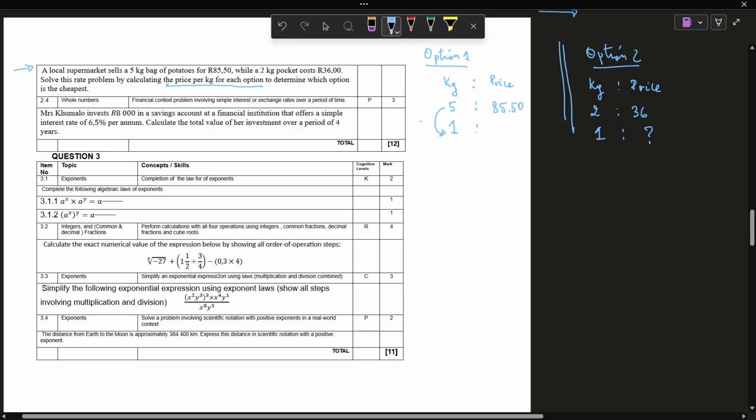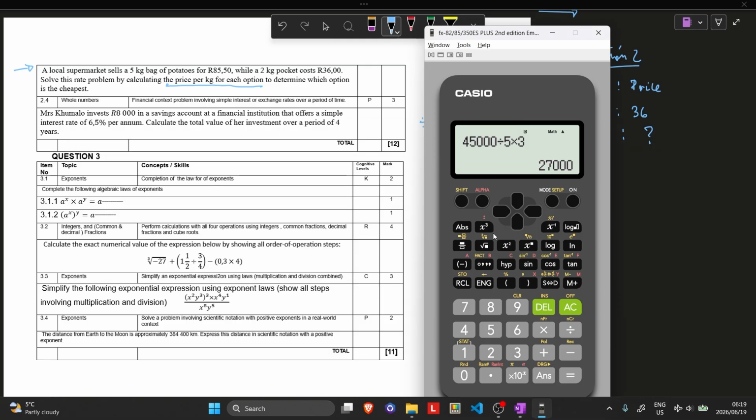We divided by 5, right? From 5 to 1, we divided by 5. So this is exactly what will happen here. From this, we need to also divide by 5 to find what should be the answer there.